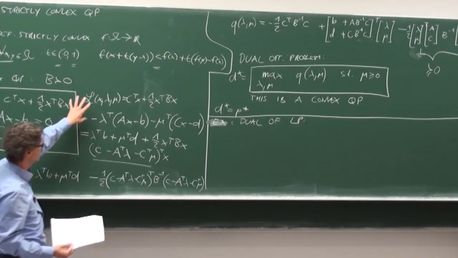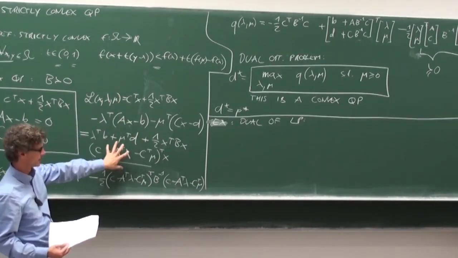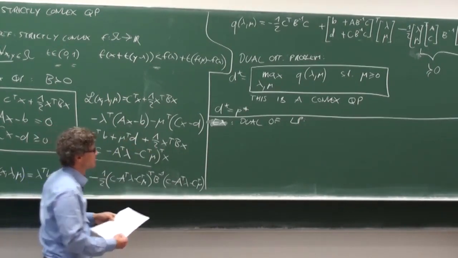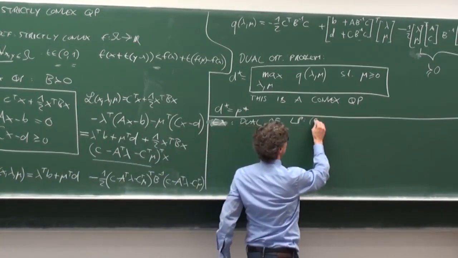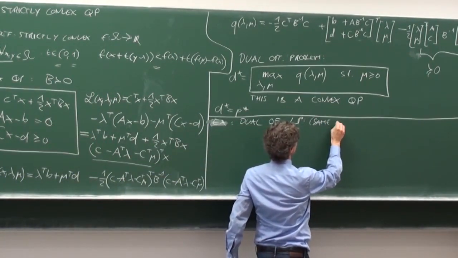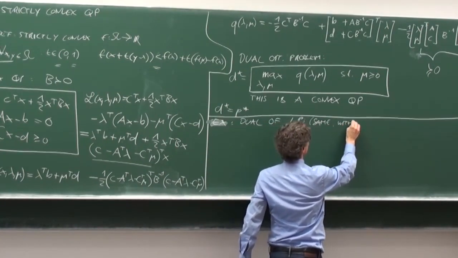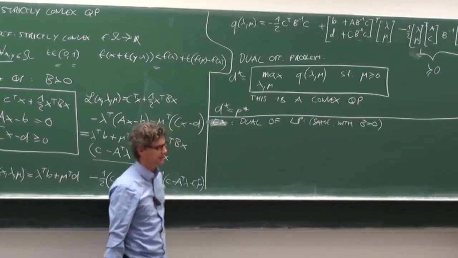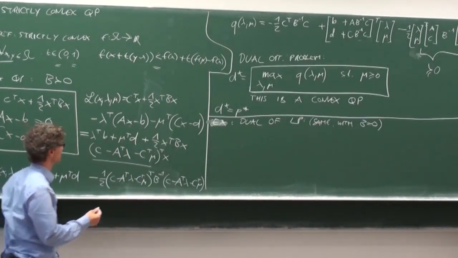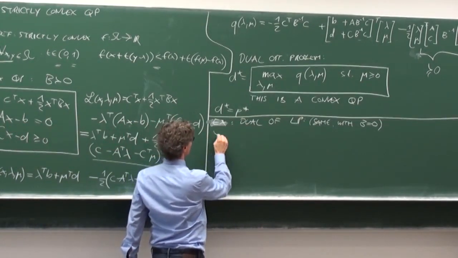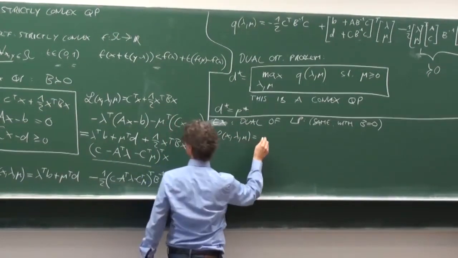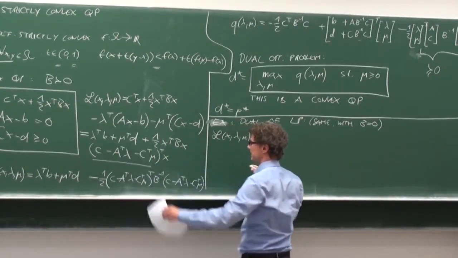So the Lagrange function will be, of course, exactly the same as this thing, but this term will not be present. Basically, it's just the same as before with b identical 0. So we can go through the same computations, and we will see that L of x, lambda, mu is given by this expression here.